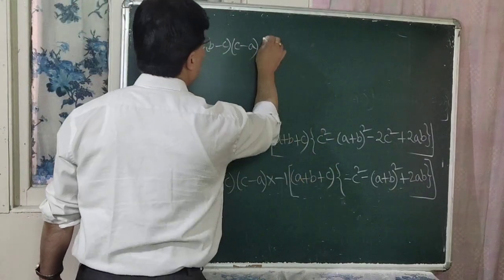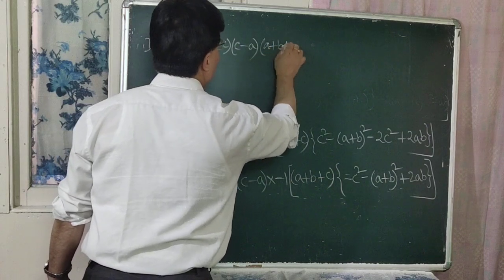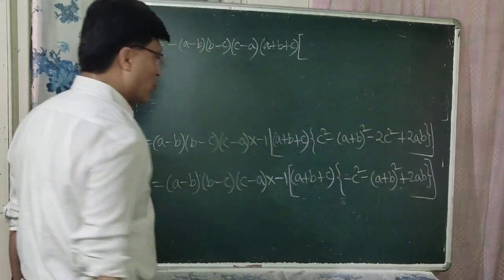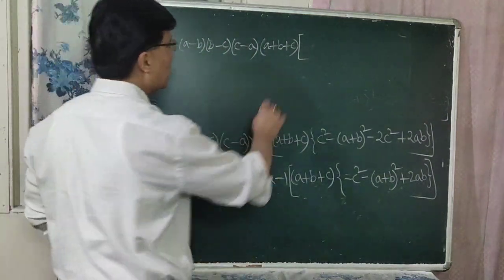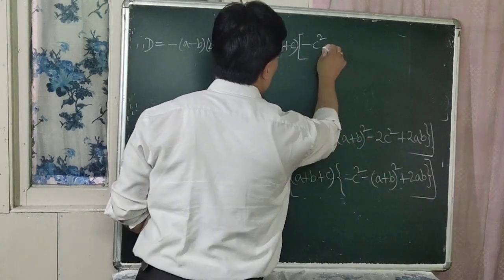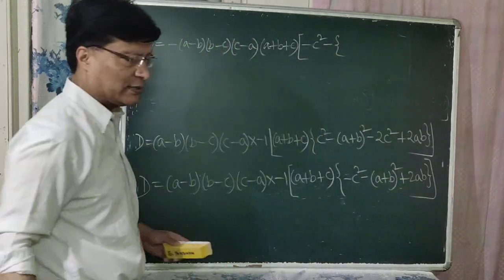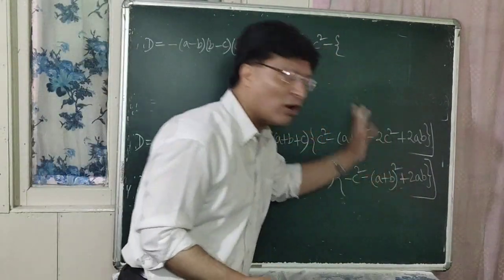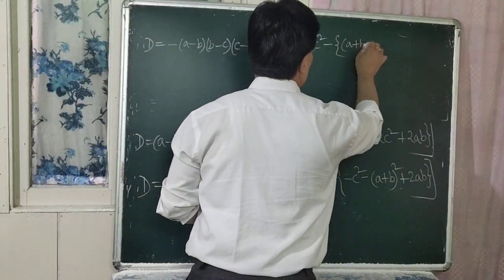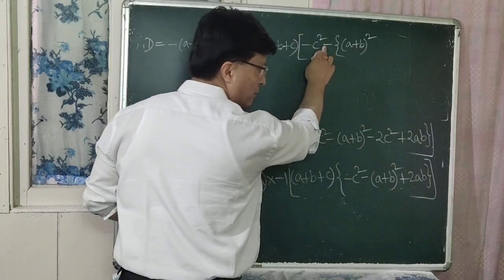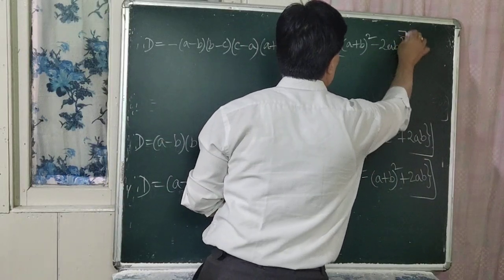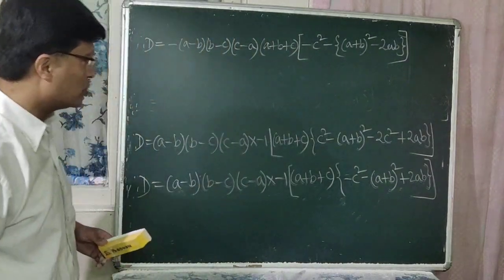Then write down a plus b plus c. Now let us write down the third bracket now. So it is minus c square, minus c square. Now here minus is taken common. Minus within second bracket. Here minus is taken common. Okay, so you will get here (a plus b) whole square minus into plus minus twice ab. Second bracket closed, third bracket closed.